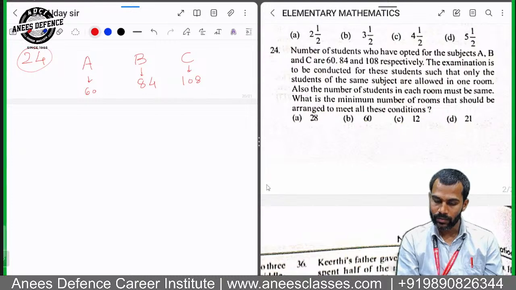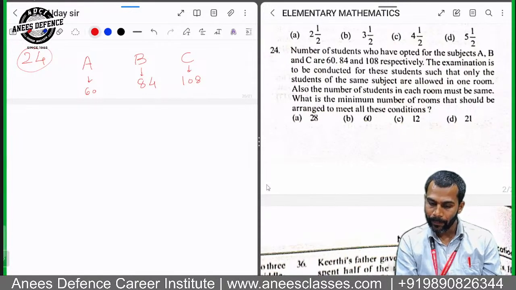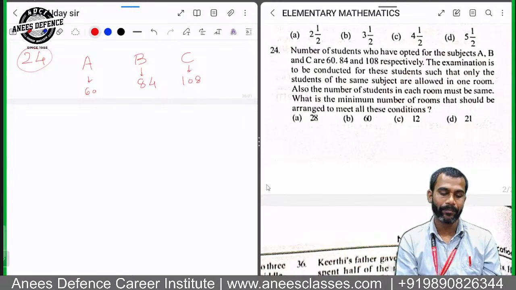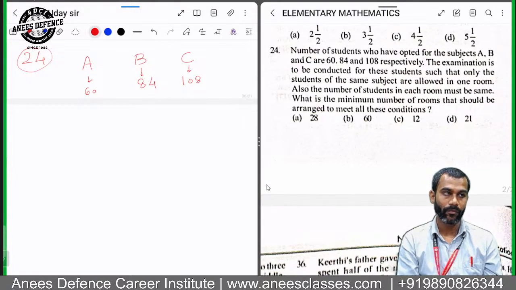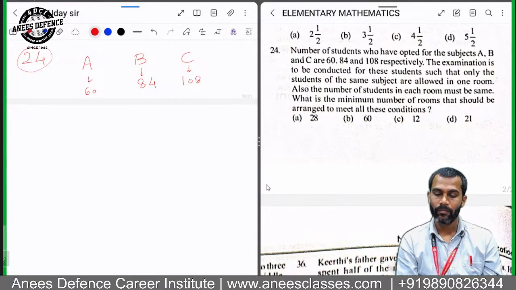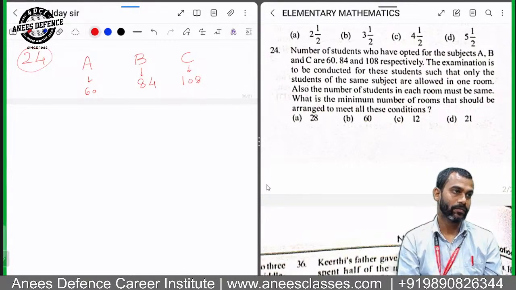So three subjects. Okay. Next. Also, the number of students in each room must be same. What is the minimum number of rooms that should be arranged to meet all these conditions?